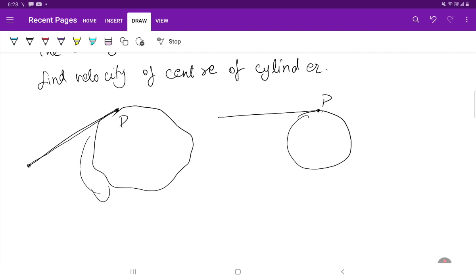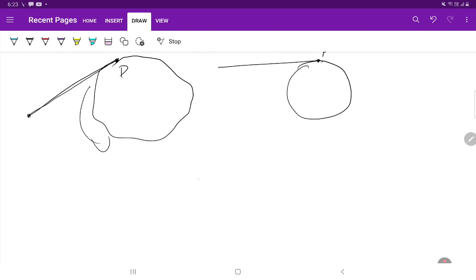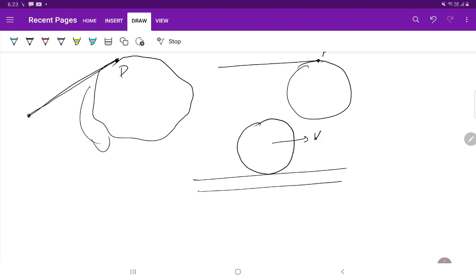Similarly, if I have a very rough surface and a body is placed here, moving with some velocity v, then this point P on the body and the adjacent point Q on the surface have equal velocities: velocity of P equals velocity of Q. That's the concept behind the no slipping case, where only rolling happens.